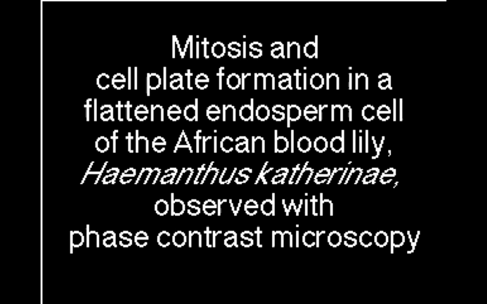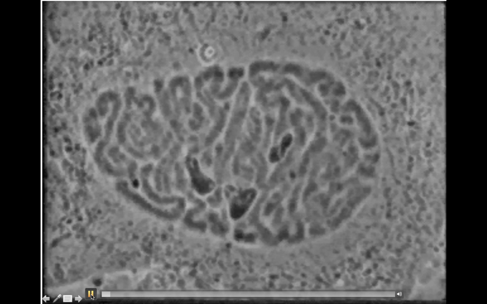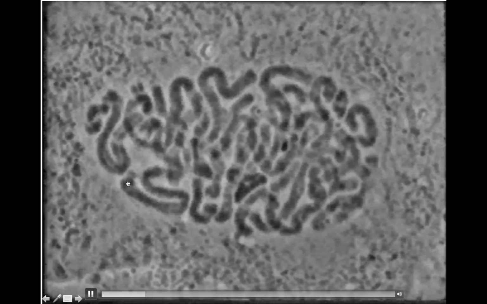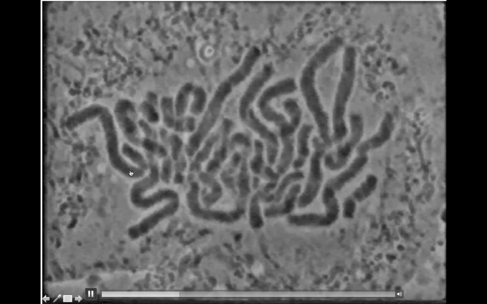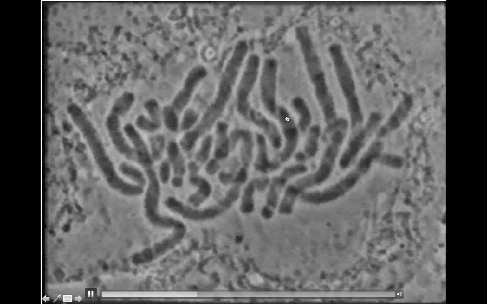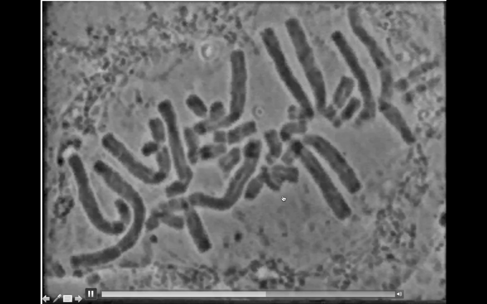This is a short video showing mitosis in a plant cell. Here you can see the chromosomes are already condensed, and you can even see two sister chromatids in some of them attached. The centromeres are going to line up on the metaphase plate, and the microtubules will attach to them and pull them to opposite poles of the cell.